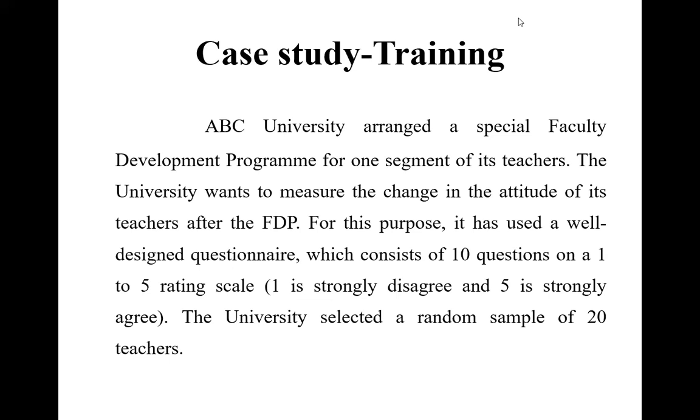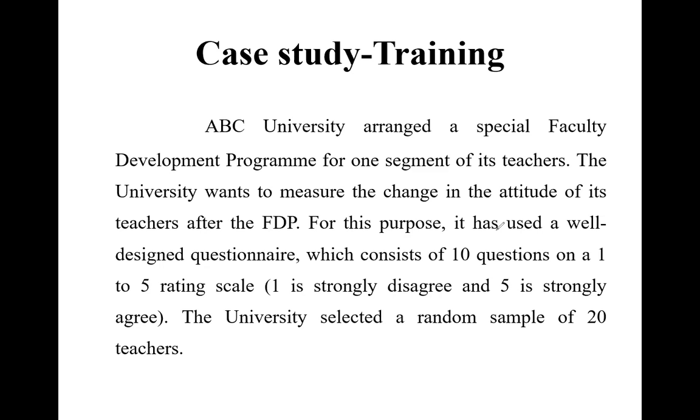ABC University arranged a special faculty development program for one segment of its teachers. The university wants to measure the change in the attitude of its teachers after the faculty development program. The university thinks it can change the attitude of teachers by having them join the faculty development program.